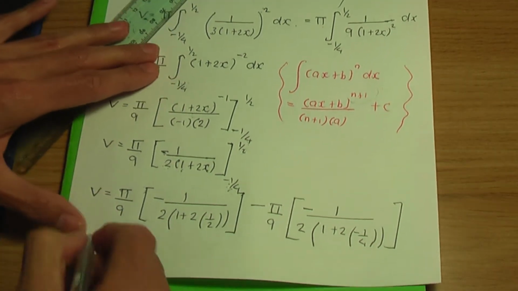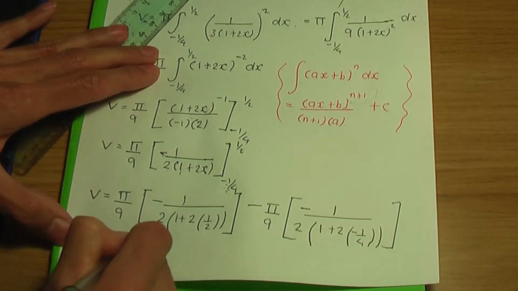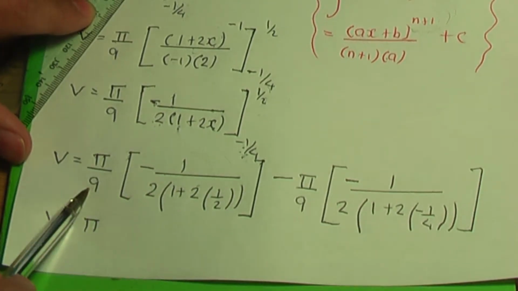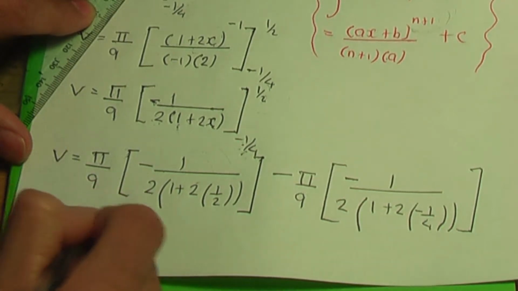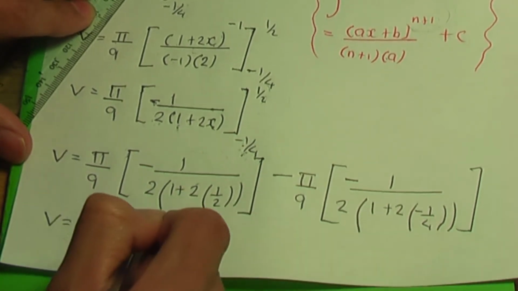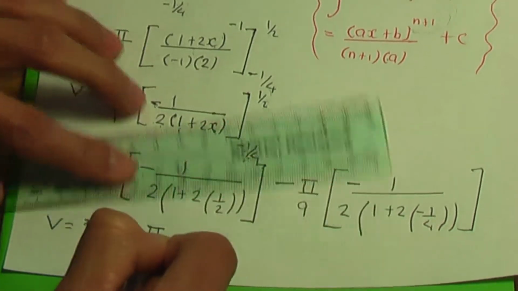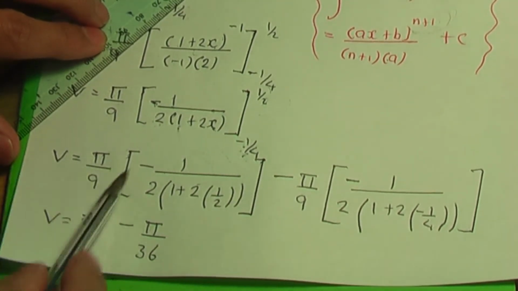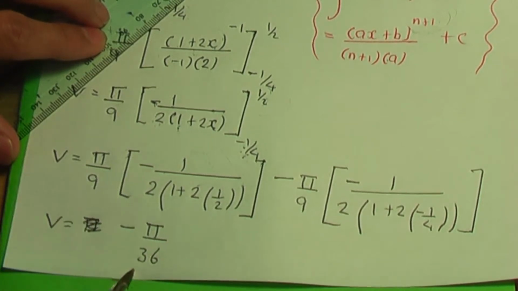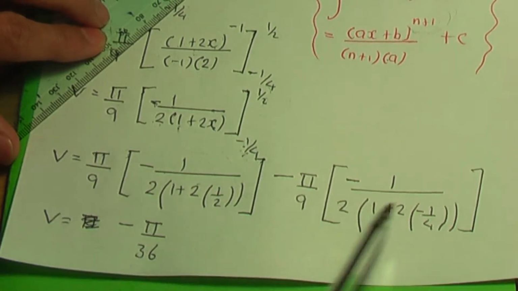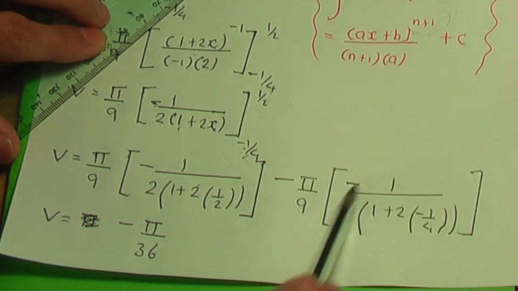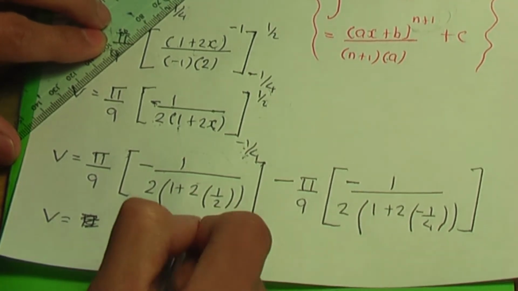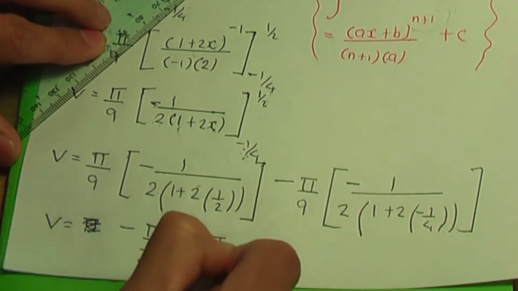So let's simplify both terms in the brackets. If you simplify this term and multiply by pi over 9, you're going to get minus pi over 36. And if you simplify this term in the calculator, and multiply by minus pi over 9, you'll end up with plus pi over 9.